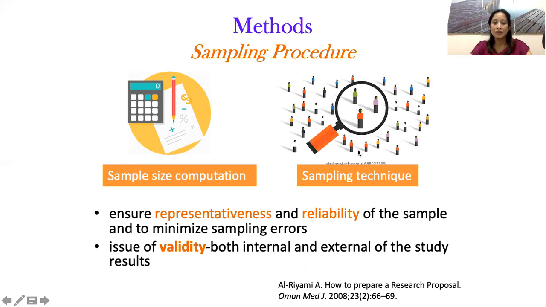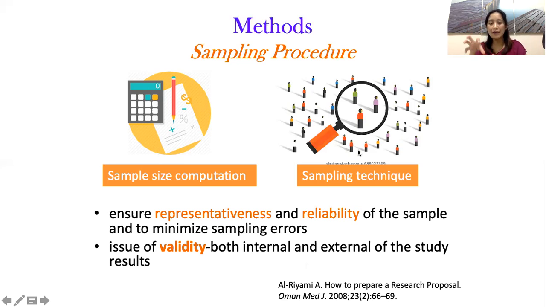Now, as an example of sampling technique, let's say you're trying to determine the incidence of mortality of people living with diabetes.